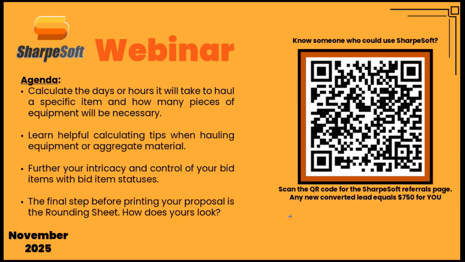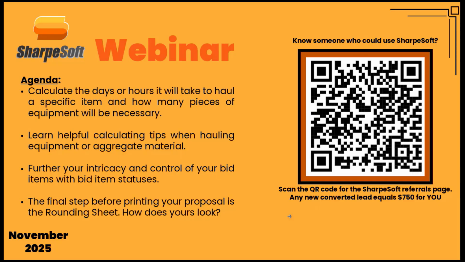For today's webinar, we're going to be going through the following topics. We're going to calculate the days or hours it will take to haul a specific item and how many pieces of equipment will be necessary, so getting into our haul calculator. We'll learn helpful calculating tips when hauling equipment or aggregate material.